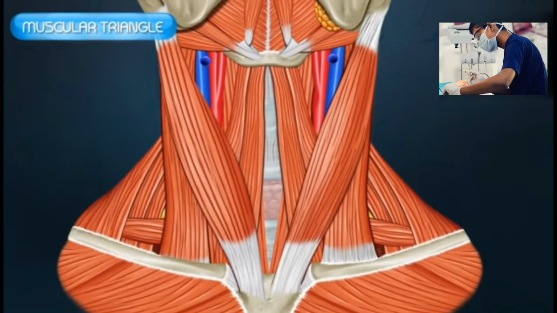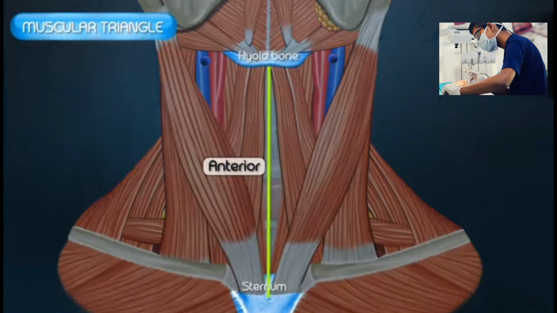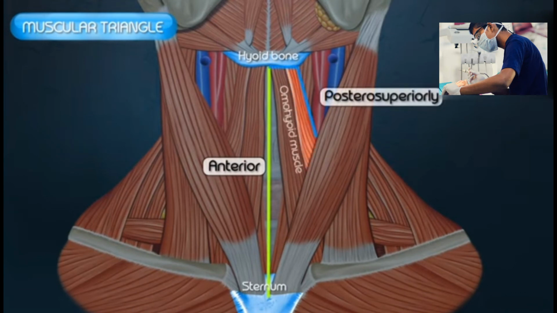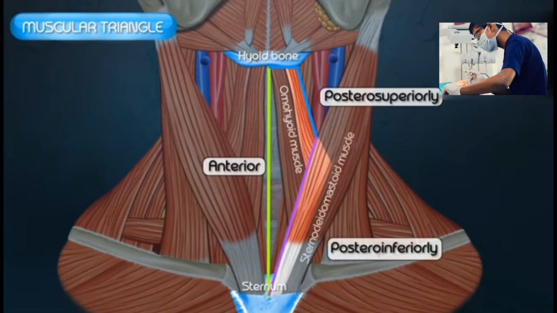The boundaries of the muscular triangle are: anterior boundary by the anterior midline of the neck that extends from the hyoid to the sternum, posterior superiorly by the superior belly of omohyoid, and posterior inferiorly it is formed by the lower part of the anterior border of the sternocleidomastoid muscle.